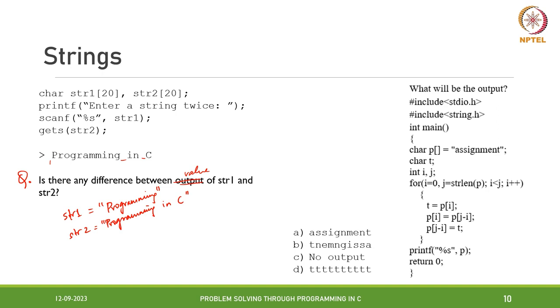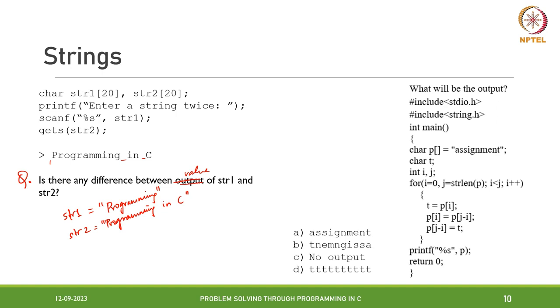In scanf, the input will terminate at the first space that you give. The first space comes after "programming", so only this programming part will be considered as the input with scanf.